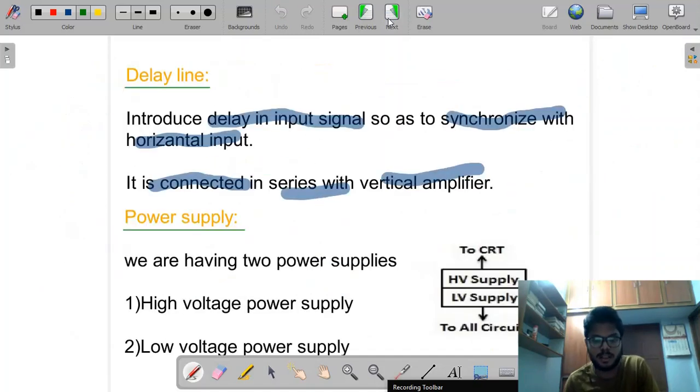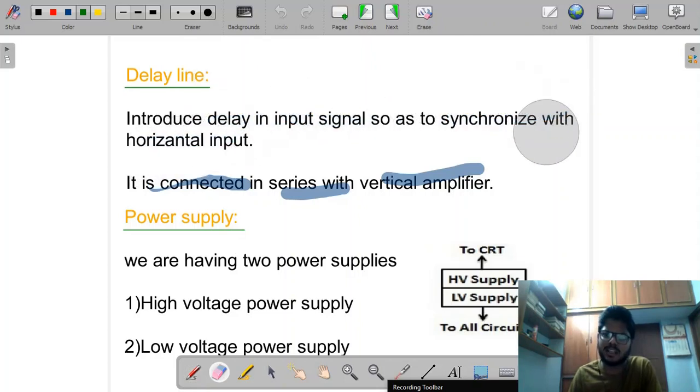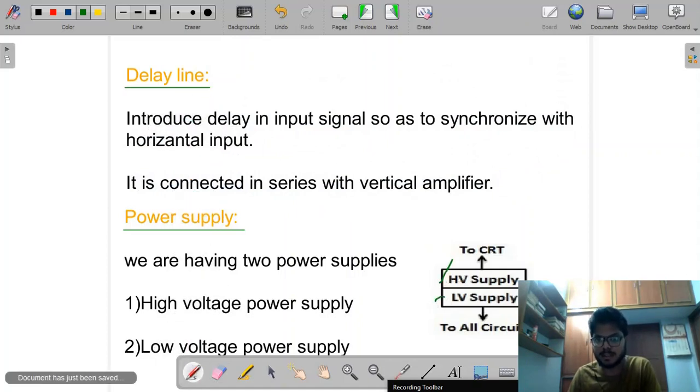The last and very crucial thing is the power supply. In general, we have two power supplies in the CRO. The first one is the high voltage supply, the second one is the low voltage supply. Why do we need high and low?